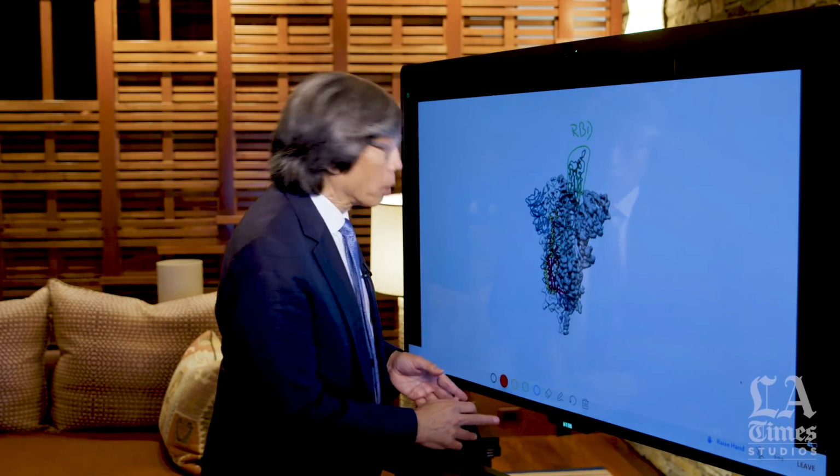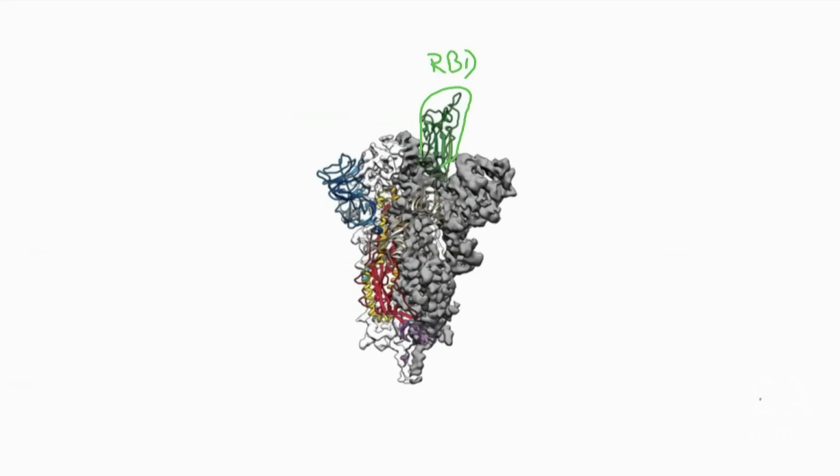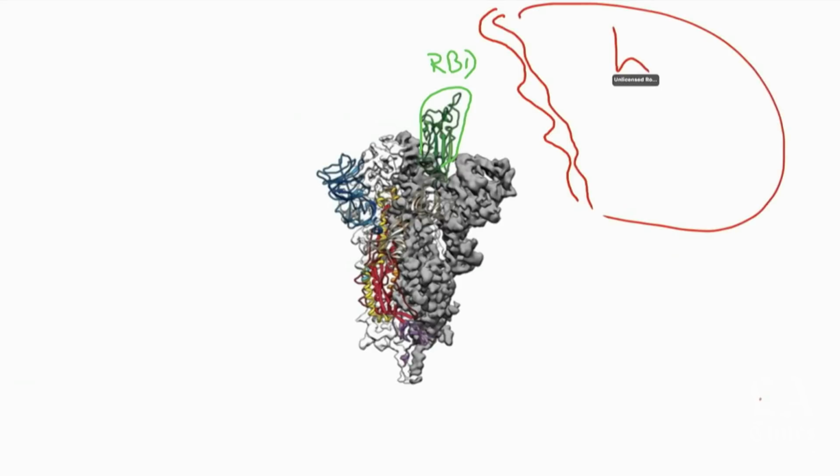Why is this mutation important? Well, it is this piece that's in the body that comes and attacks the rest of the body. If this is the cell, let's say this is the lung cell, it is this piece of the RBD that enters this receptor called ACE.